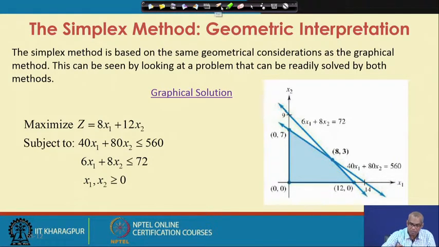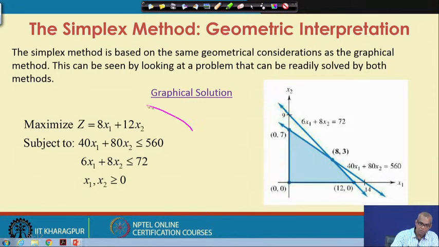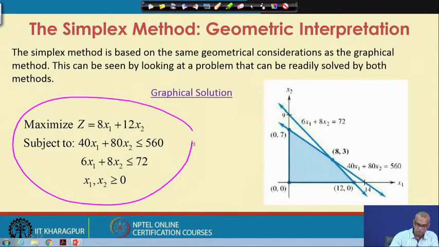So, consider the problem shown, a simple linear programming problem in two variables and two constraints. So, we can obtain the solution using graphical method, and the solution is obtained as x1 equal to 8, x2 equal to 3.